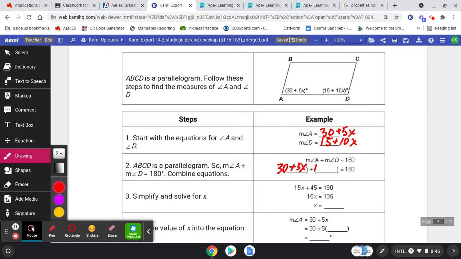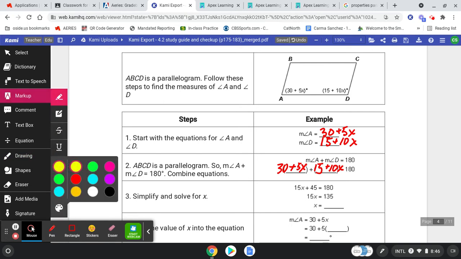Do you see how your algebraic or equation skills are coming in with the geometry here? That's the true goal of an integrated curriculum. You're doing geometry using your algebra skills. So here I go combining like terms. Do you see that 30 and 15 are constants and they add up here to 45?